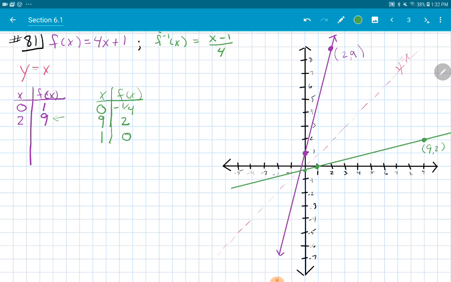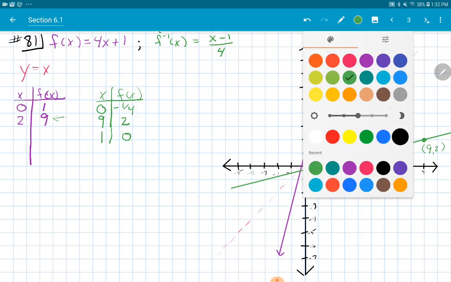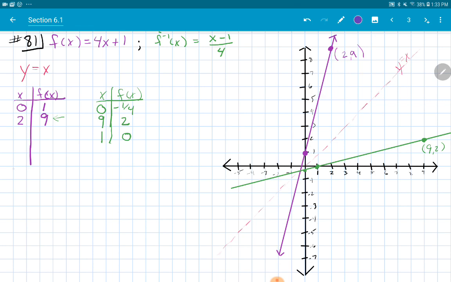Now our next task is to verify this inverse relationship using composition. Let me write it because I'm going to stumble over my words. We'll do f of f inverse of x.